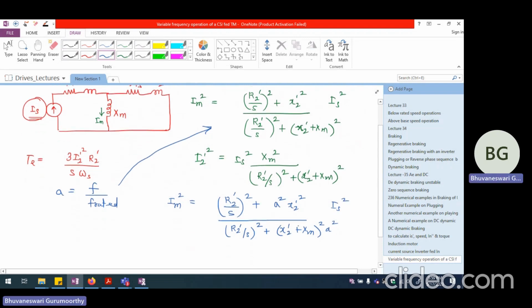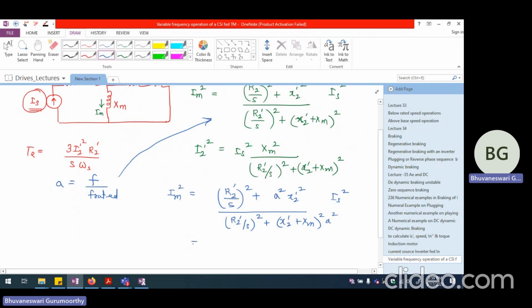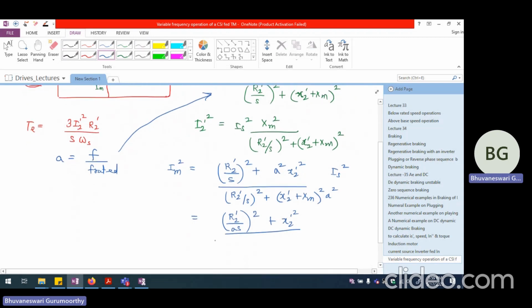Now, if I divide the denominator as well as the numerator by A square, I can write this as (R2 dash divided by AS) the whole square plus X2 dash square, divided by (R2 dash divided by AS) the whole square plus (X2 dash plus XM) the whole square.